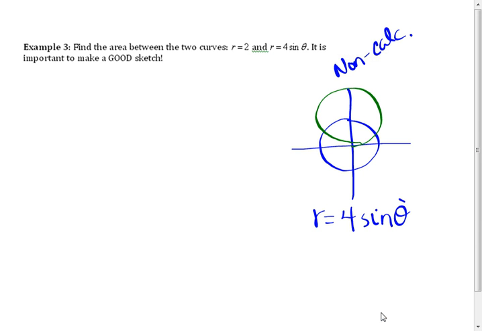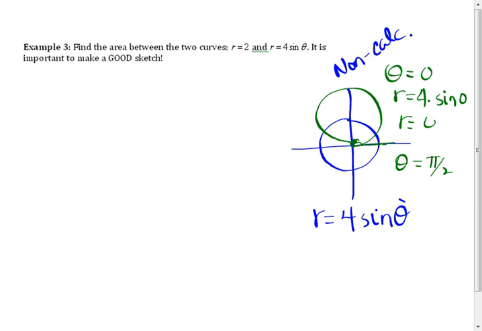If theta is equal to 0, then r is equal to 4 times the sine of 0. R equals 0. So you're going to rotate 0 degrees, and you're at the origin. What if theta is equal to pi over 2?